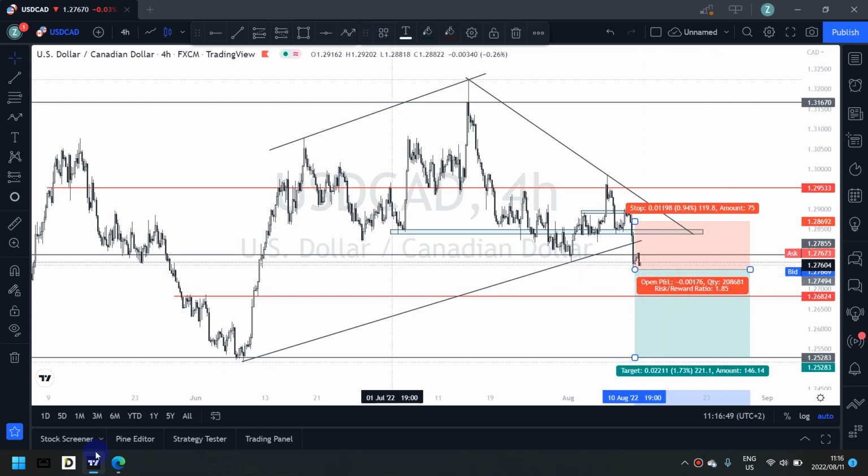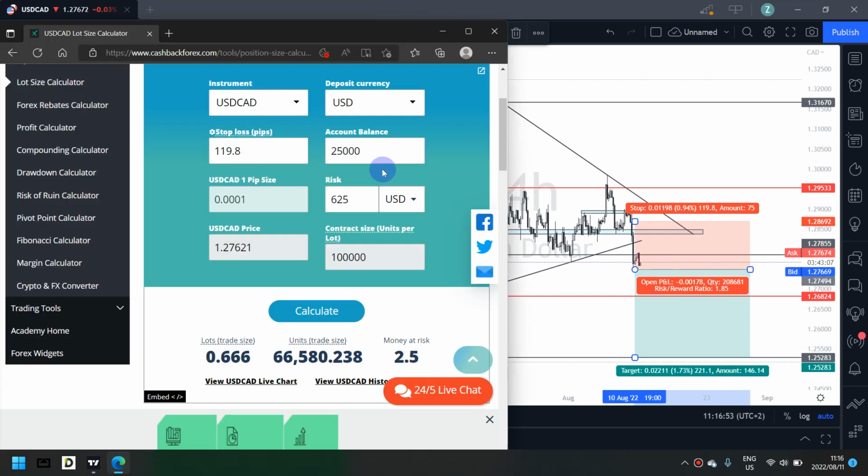So basically now what I did is to calculate my risk. As you can see, I have the pair here and my deposit currency, my stop loss pips, which is 119.8.